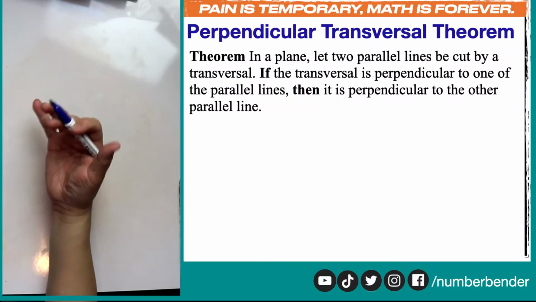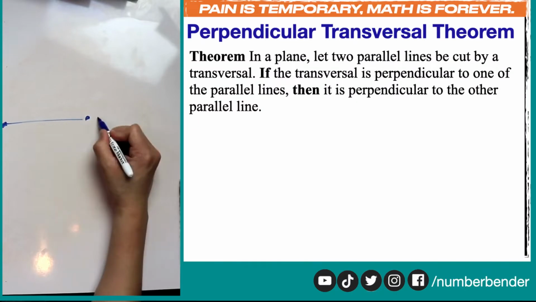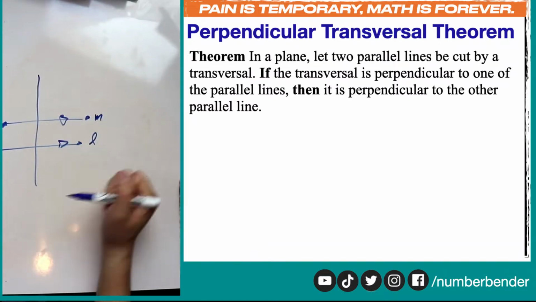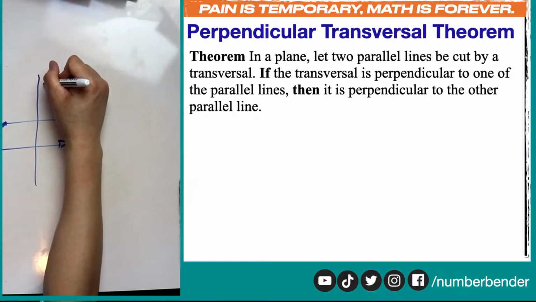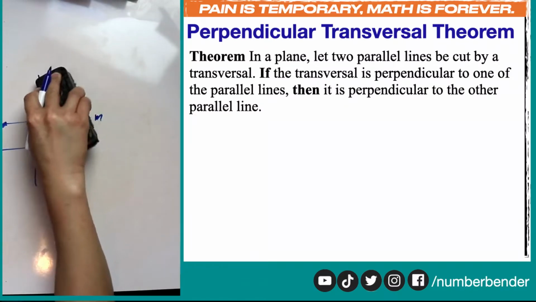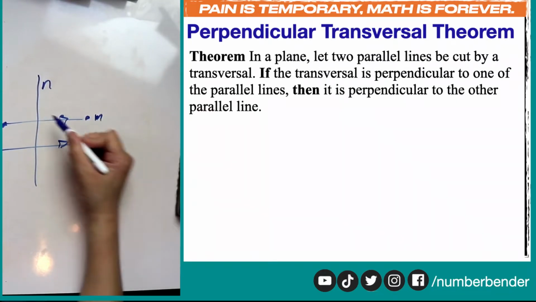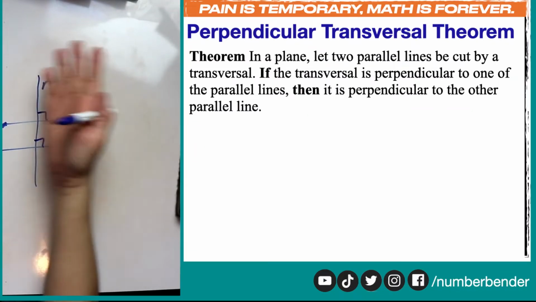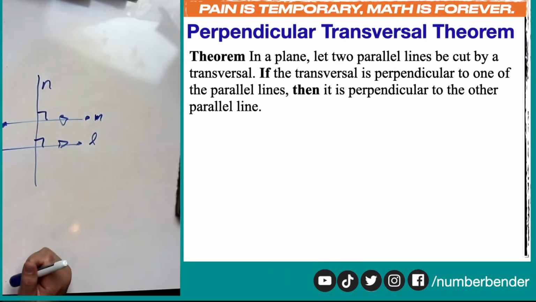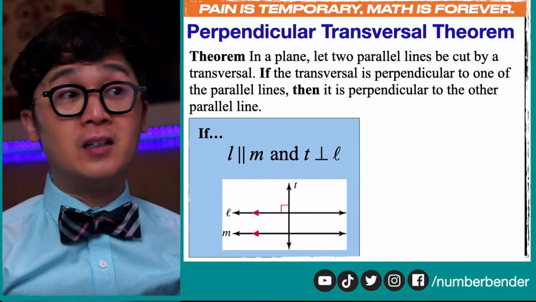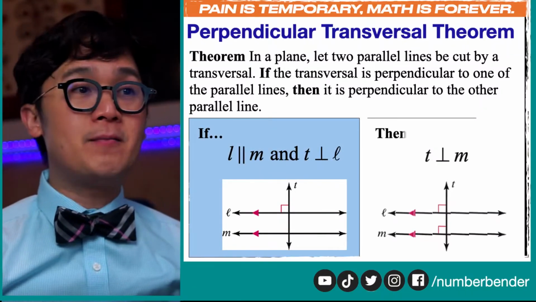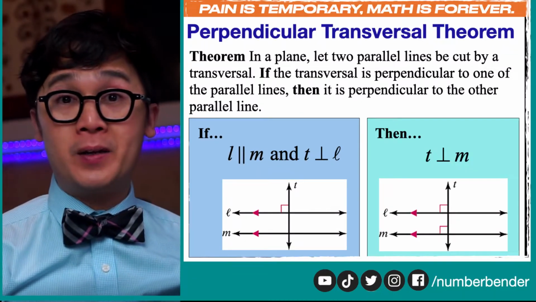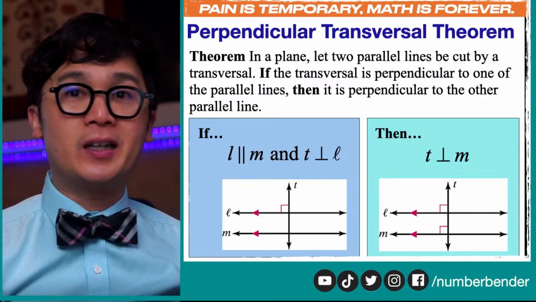So this theorem simply states that if we have line M and line L, and they are parallel to each other, and we have a line intersecting M and L, let's say this is line N, this line that is perpendicular to line M is consequently also perpendicular to line L. So if L is parallel to M and T is perpendicular to L, then T is also perpendicular to M. This is the theorem on perpendicular lines, which we can also apply similarly to parallel lines.